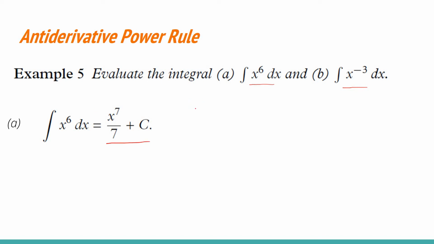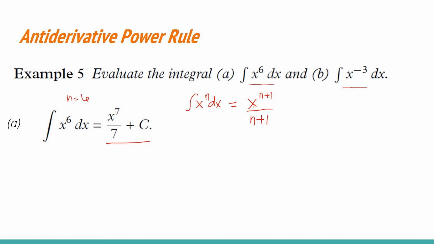If we apply the power rule that says the integral of x raised to the power of n with respect to x equals x raised to the power of n plus 1 divided by n plus 1, then n here is 6.